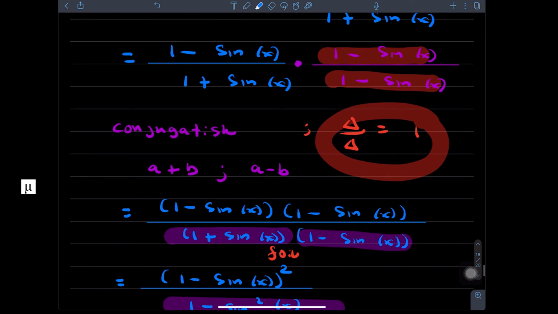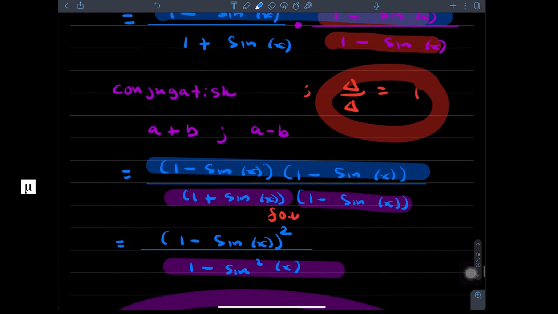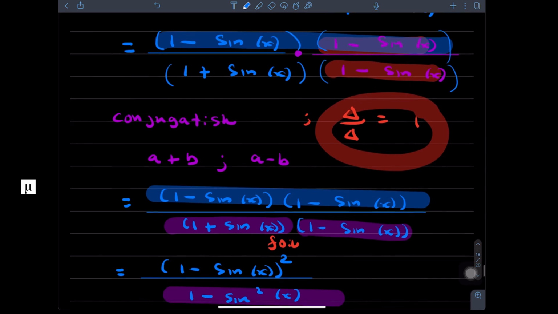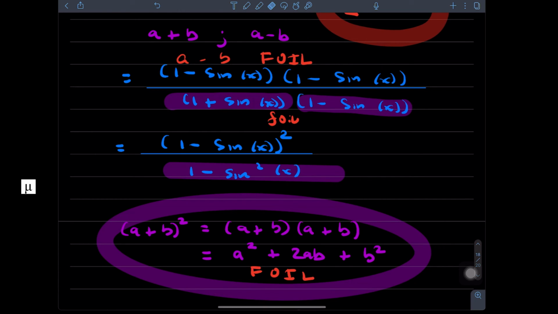So when I go from up here to here, I didn't do anything. I symbolically multiplied, okay? Because sometimes people just say, just put your parentheses now. Well, remember, this is a FOIL process, because you have A minus B times A plus B, and so you multiply by FOIL.